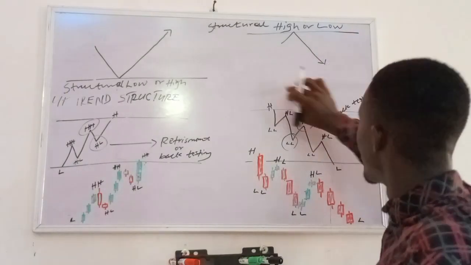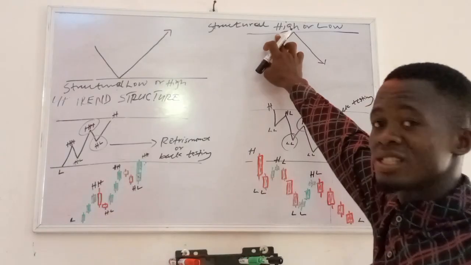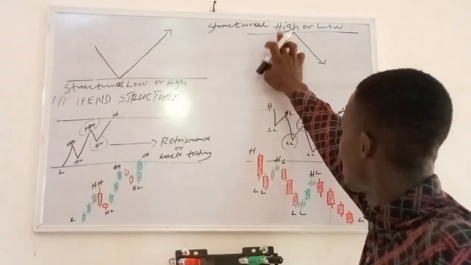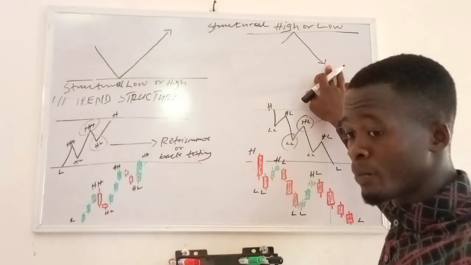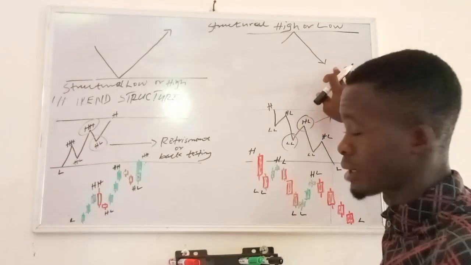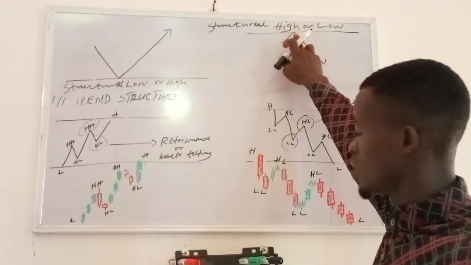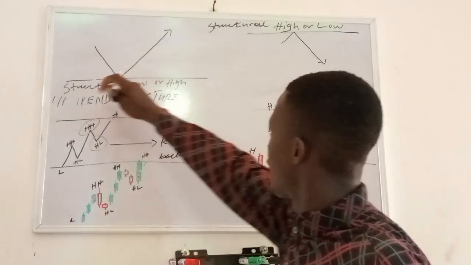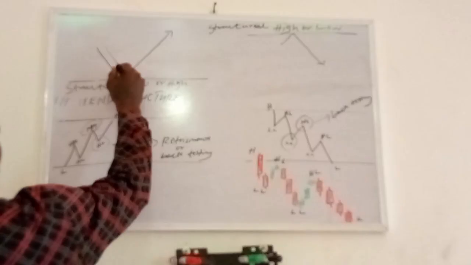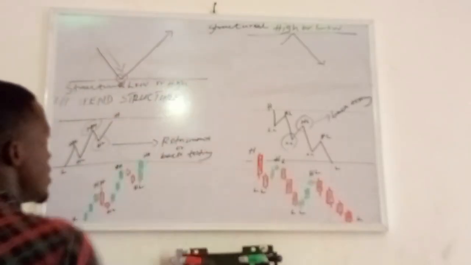In other words, sellers are at this point waiting for the market to get here and sell. That's why you have this down arrow pulling the price back down, because sellers are here waiting for price, and here buyers are waiting for the price to come all the way down to this point before it reverses.